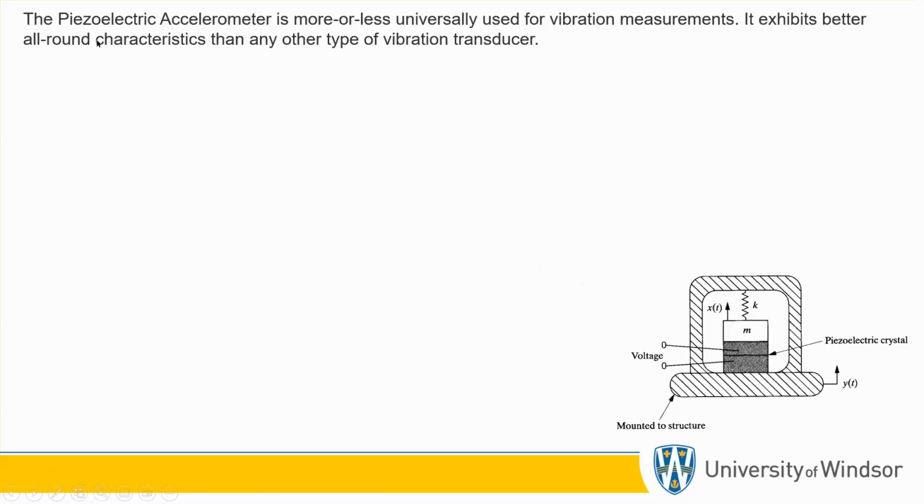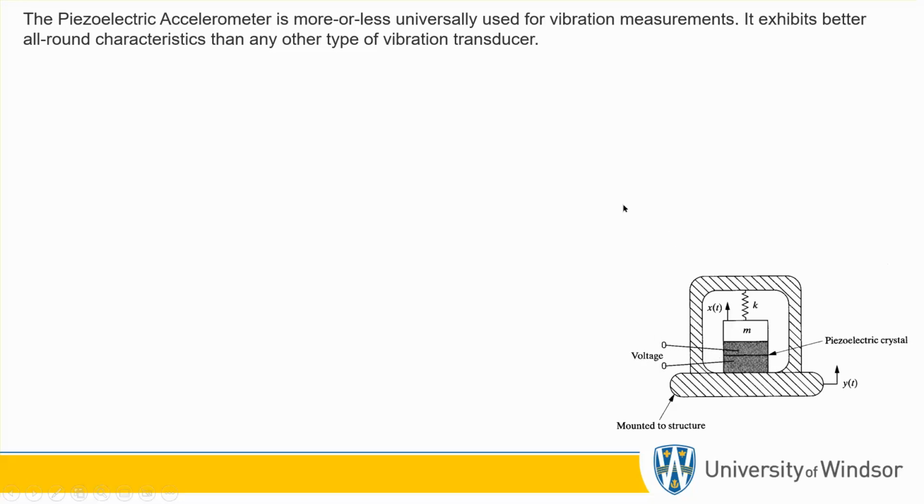Now, what is this business of a piezoelectric accelerometer? Notice that we had a mass, okay? And this mass is sitting on a material which is a ceramic or a crystal. When this material gets squeezed, it generates a voltage.